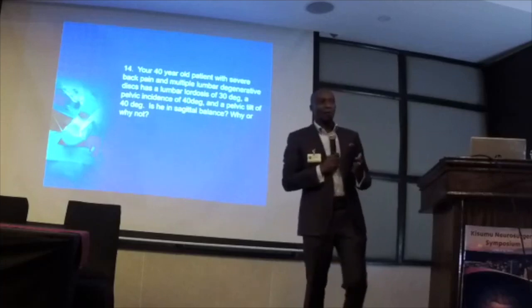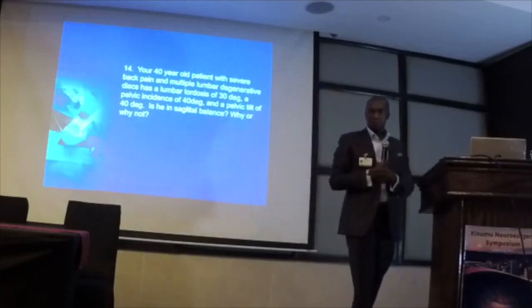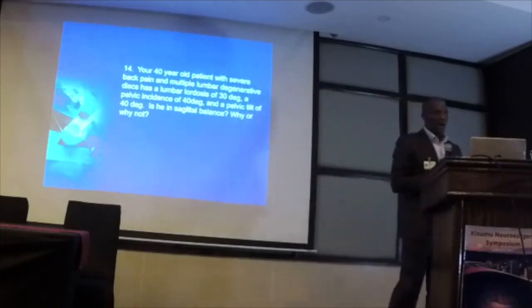So don't be faked out by the pelvic incidence minus the lumbar lordosis. That is just one thing you have to look at. The other thing you have to look at is, are they compensating to get those beautiful numbers? So the pelvic tilt tells you that actually this patient has a retroverted pelvis. The pelvic tilt is high. They are compensating for that, trying to reduce the energy expenditure by retroverting their pelvis. Okay?